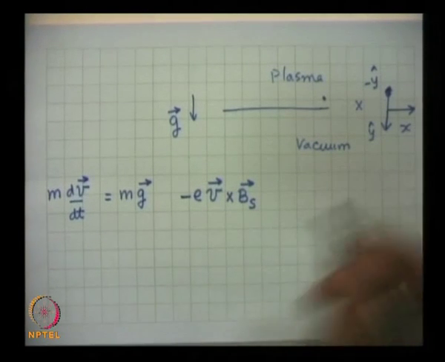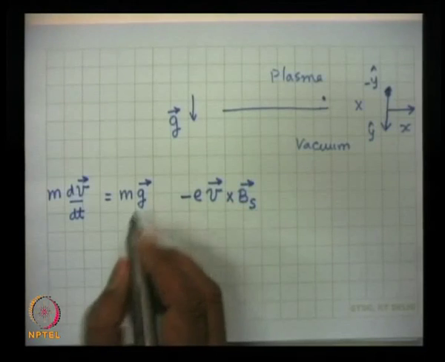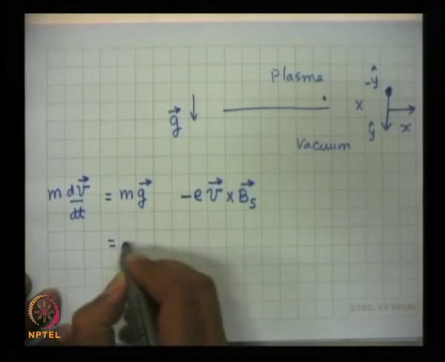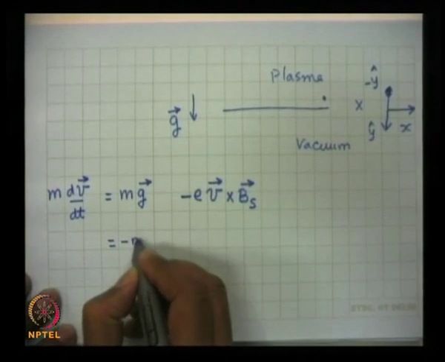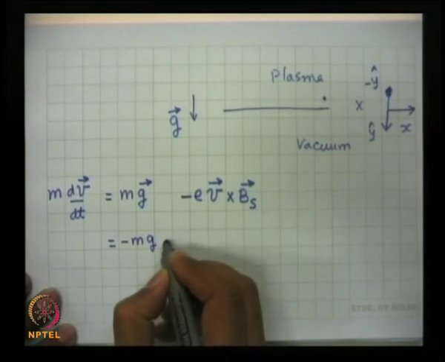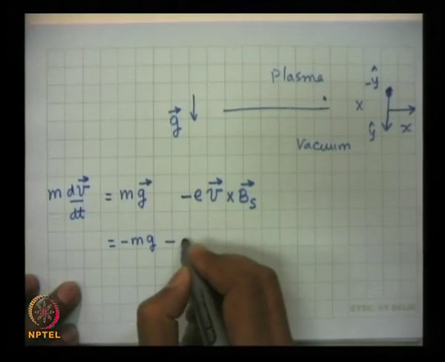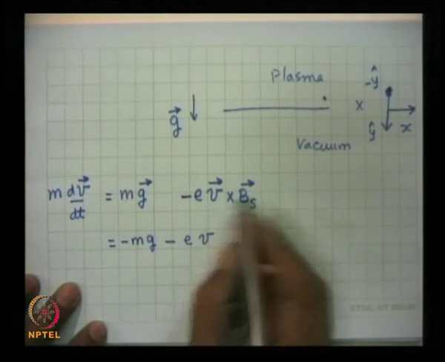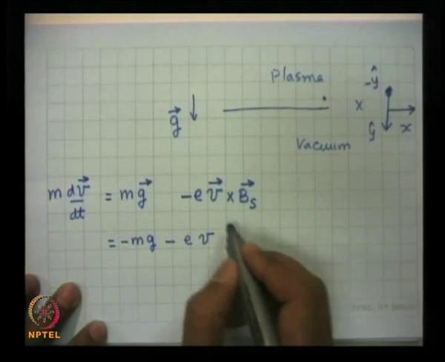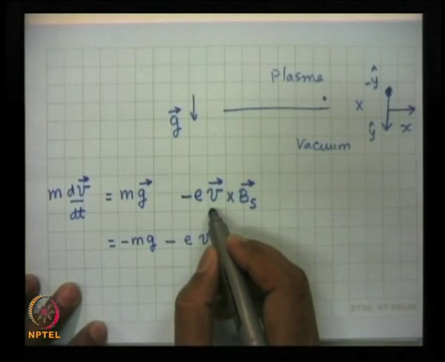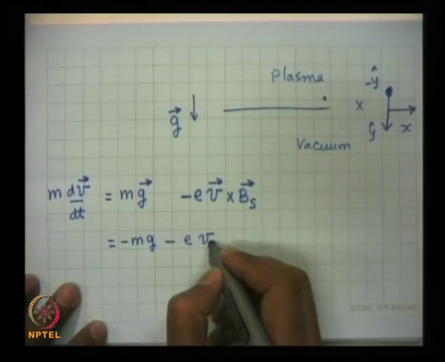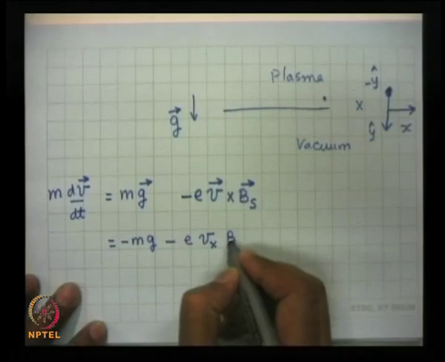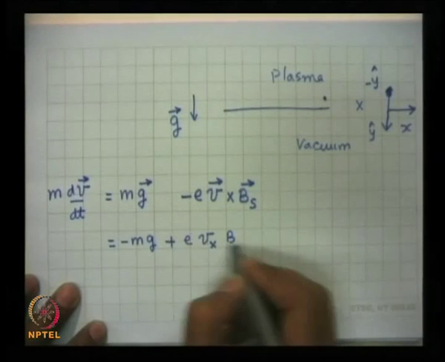So if I choose this situation, g if I take in the minus y direction, then this is equal to minus m g. If I write down the y component, this term will be E V, this is in the z direction.